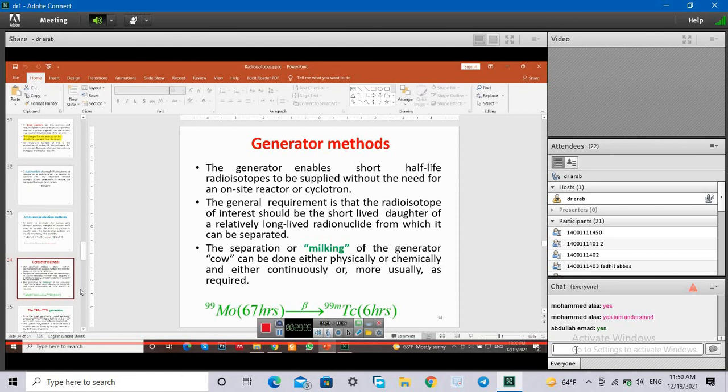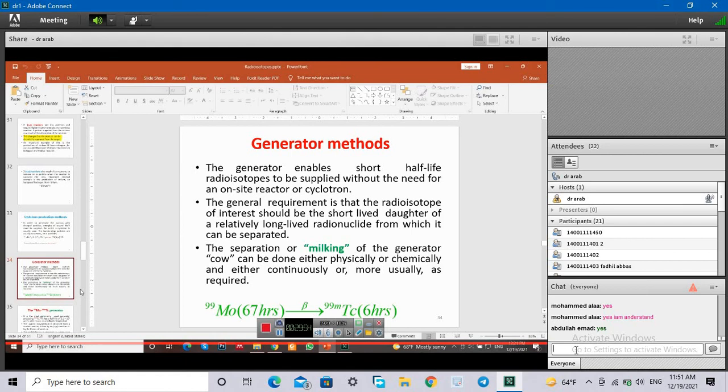So we would need an on-site reactor or cyclotron near the hospital to produce radionuclides. And as you know, it is not practical. We cannot have a reactor or cyclotron site near the hospital.